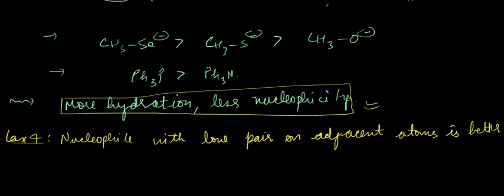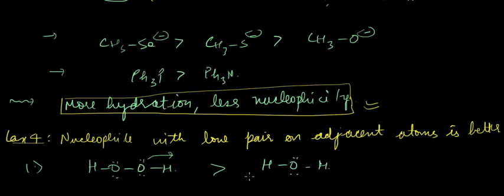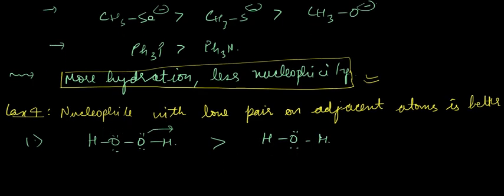Okay, what do I mean by this? We have something like this, wherein this is a better nucleophile than the one with just one oxygen atom. Okay, why? Because on the adjacent atom we have more electron density here, so this can donate more freely.